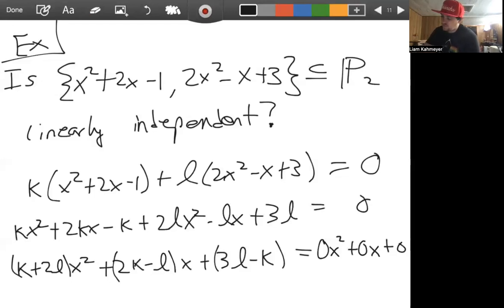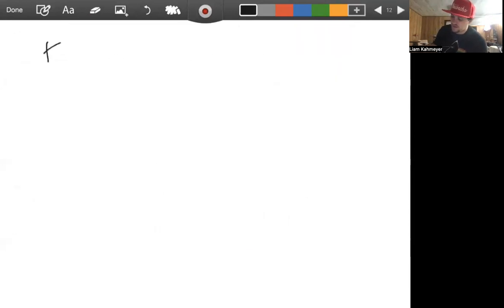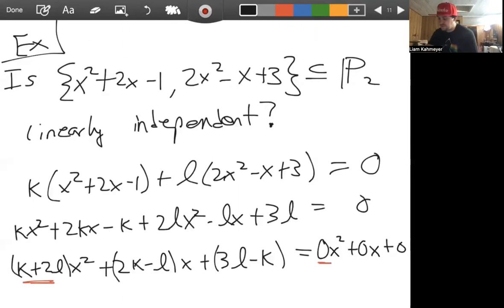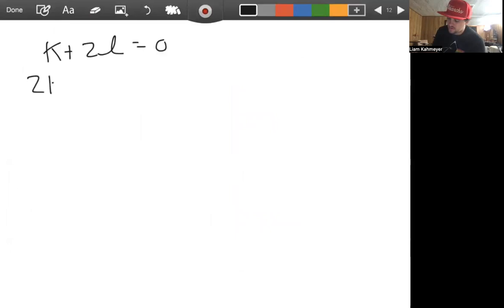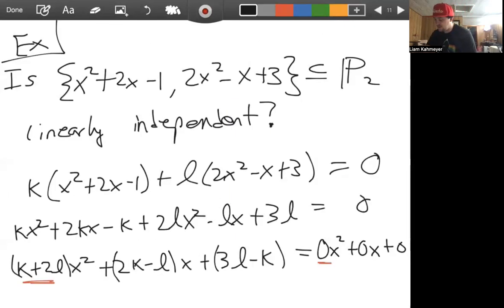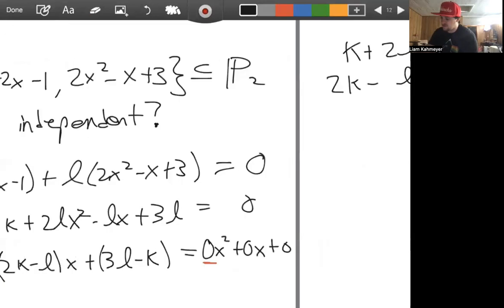Now, we can get a system of equations by setting the coefficient of x squared on the left to be the same as the coefficient of the x squared term on the right. And so we get k plus 2l is equal to 0. We do the same thing for the linear term, which means 2k minus l must be 0. And we do the same thing for the constant term, and we get that 3L minus K must be 0.